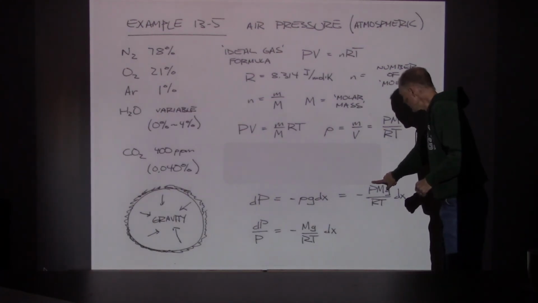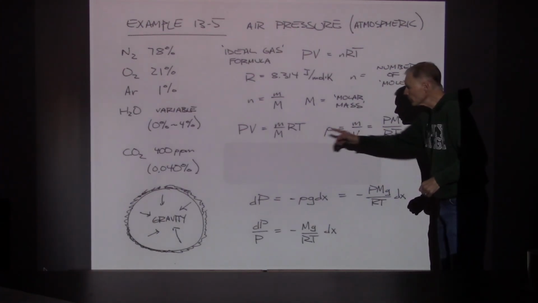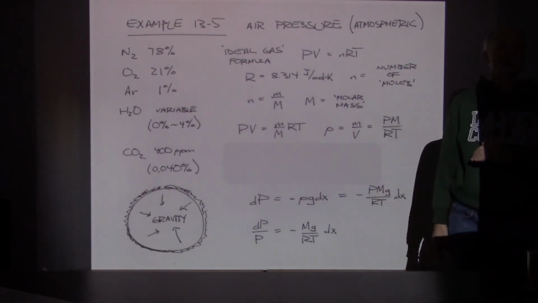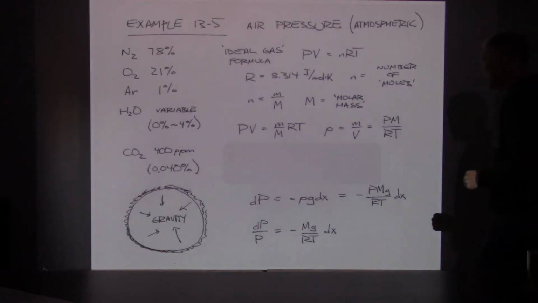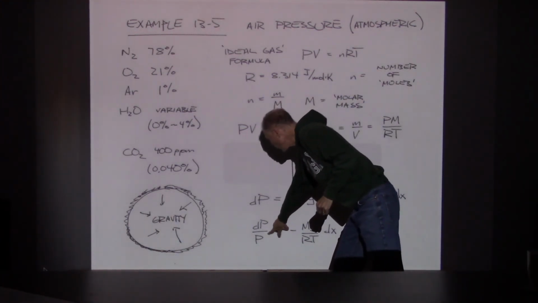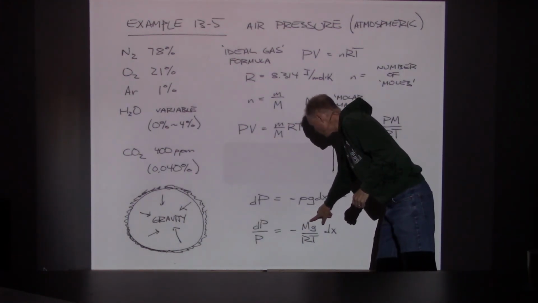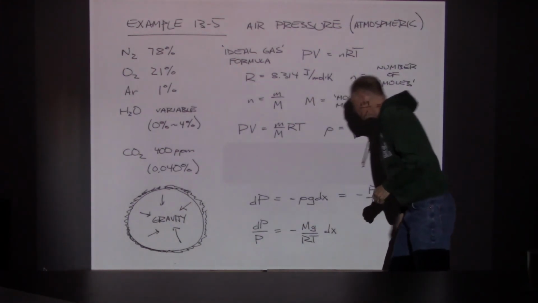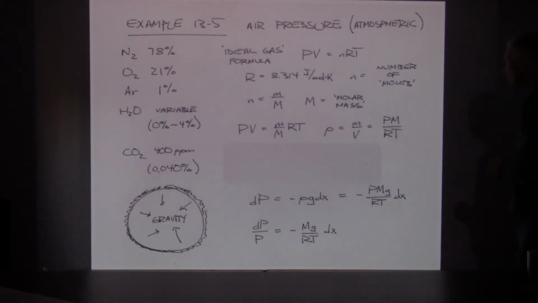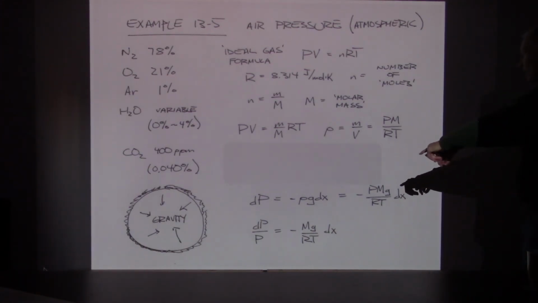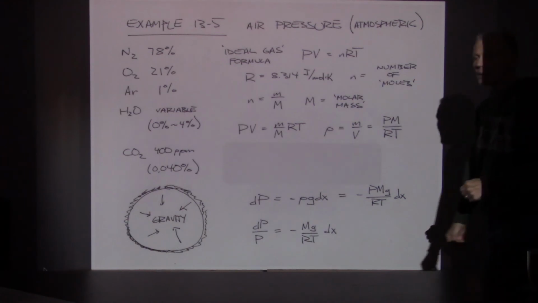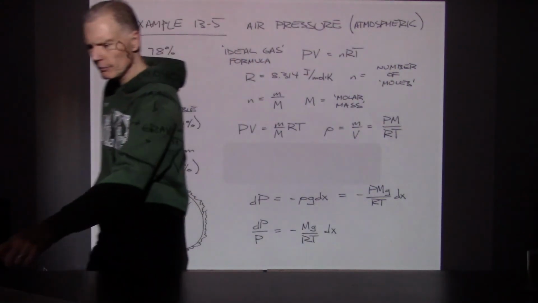So I'm going to bring this factor of pressure, which was in the numerator, over to the other side and put it in the denominator. What we're going to be left with is dP over P is equal to minus molar mass times the gravitational field over the big R constant, temperature, dx. That's what we're going to integrate, that statement below.